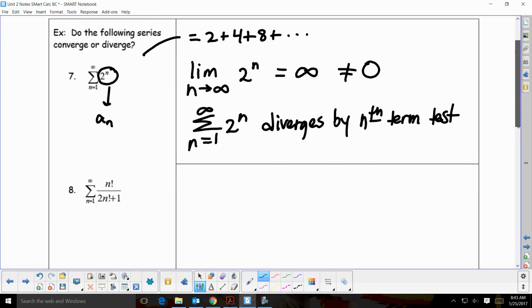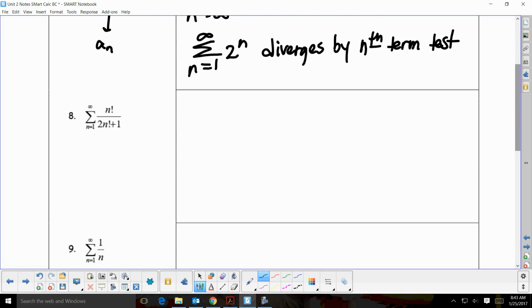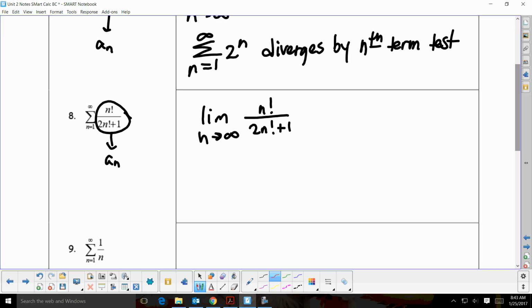Let's go to the next one. That's my a sub n part. So let's look at the limit as n goes to infinity of n over 2n plus 1. Kind of growing at the same rate, right?